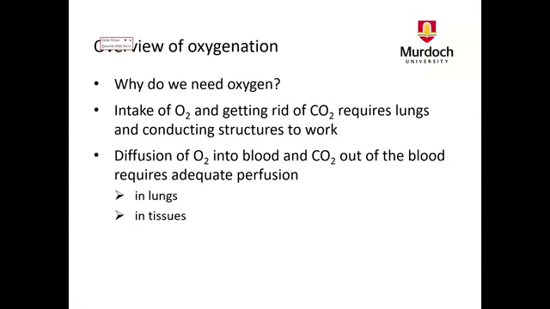Okay, so now we get into the nitty-gritty of things. First of all, we need to look at how oxygenation happens. Oxygenation is the whole process of breathing in and eventually having oxygen available at the cells, and likewise getting rid of the CO2 from our cells and breathing it out again. Why do we need oxygen?